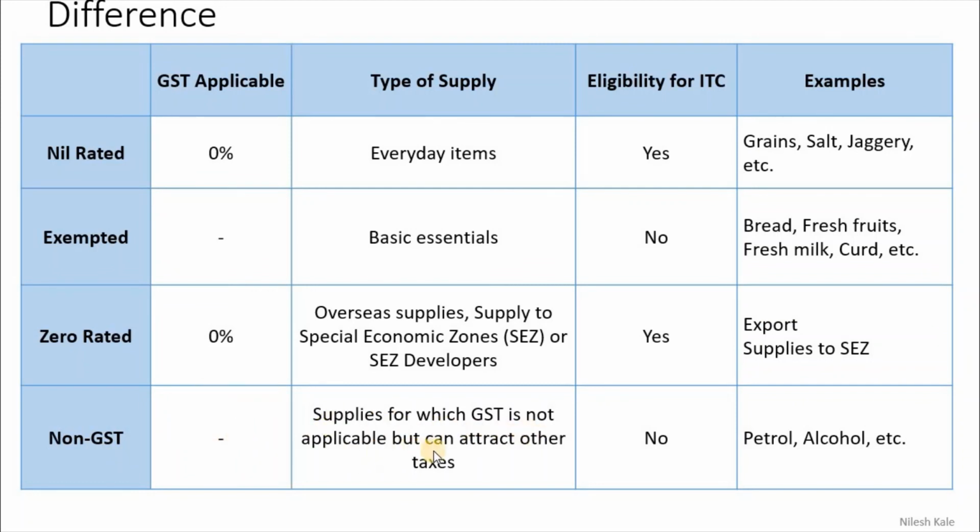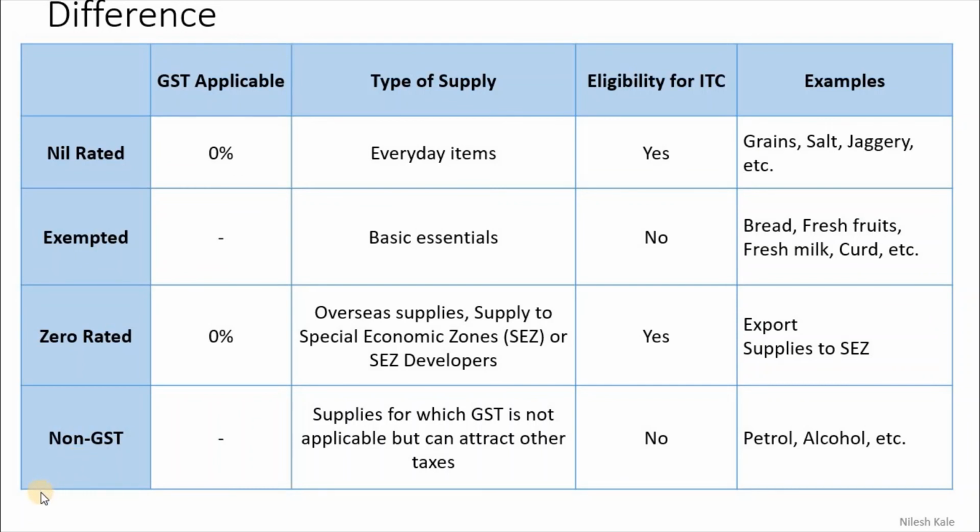Supplies for which GST is not applicable but can attract other taxes. You don't have ITC on it, but look at the example. Alcohol, you are paying taxes on alcohol but not GST. You are paying taxes on petrol but not GST because they are non-GST items.